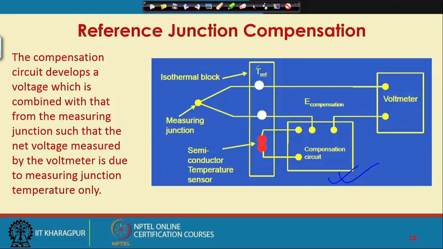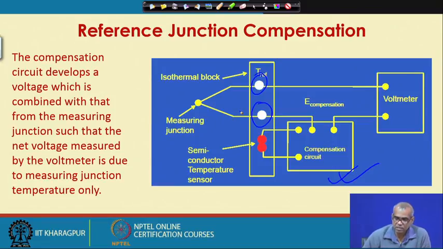What we do is, the new junctions produced by joining these extension leads are kept at the same temperature using an isothermal block, and then I find the temperature of this isothermal block using an independent temperature measuring device.